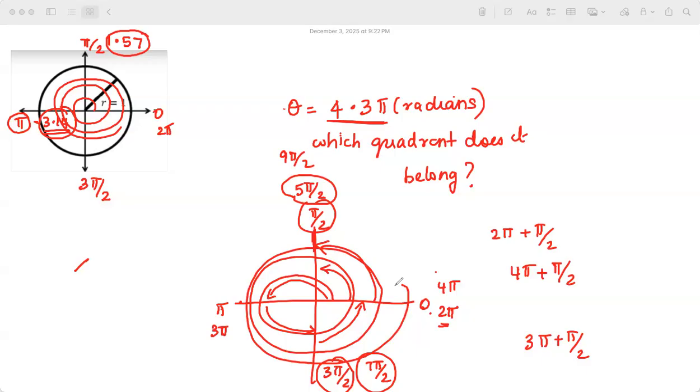But the terminal ray is the same: pi by 2 and 5 pi by 2 share the same terminal ray. But there is an integer difference between them. That tells you the number of revolutions it took. Does that make sense?